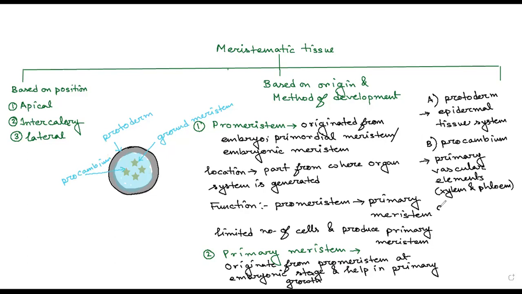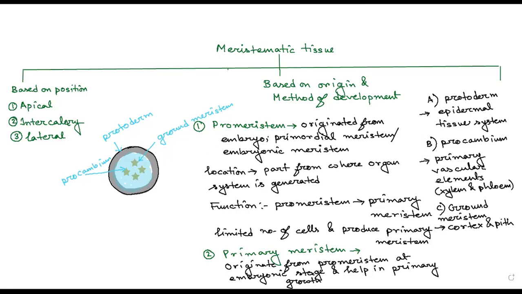And finally, the third type of primary meristem is called ground meristem or ground tissue. It is responsible to form cortex and pith. You will know more about cortex and pith later on in this chapter.